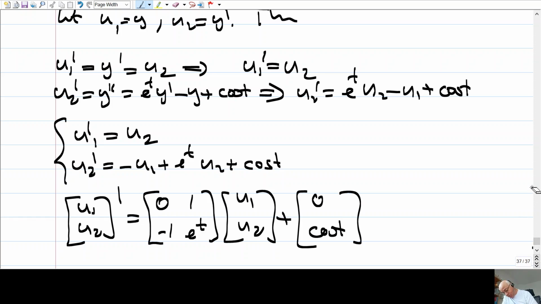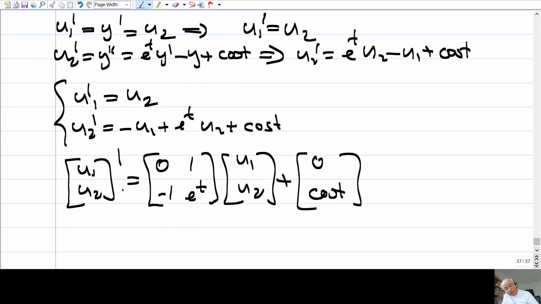So it is equivalent to this system. And you see here I have only first order derivatives. This second order equation is equivalent to this first order system.